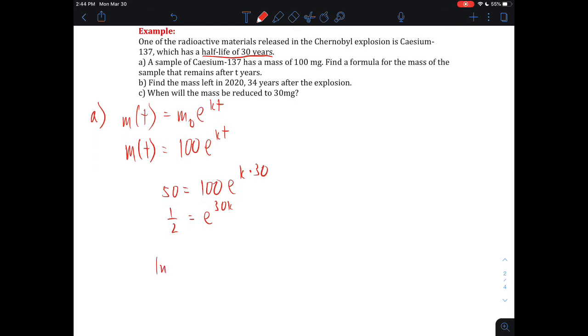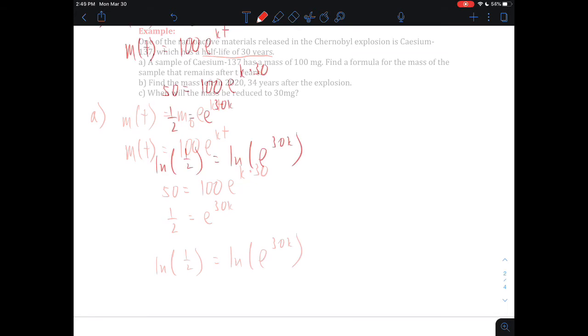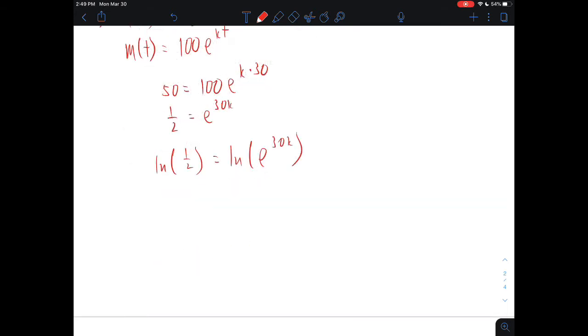So natural log of 1/2 is equal to the natural log of e to the 30k. So then simplifying, we can bring the exponent inside the natural log down as a multiplier.